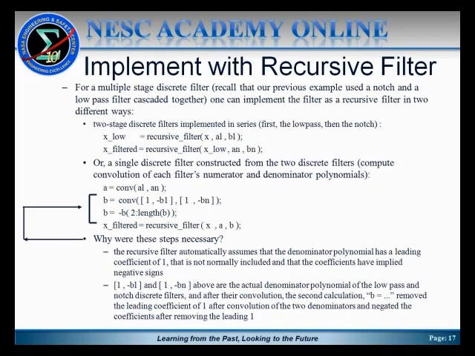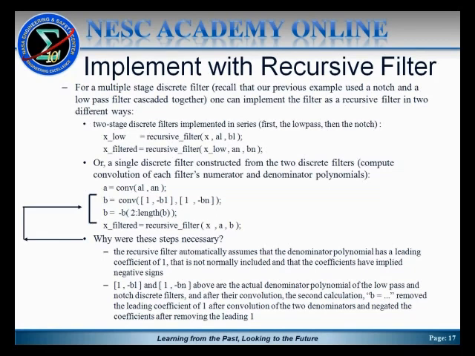The output of that step we'll call x_low. Then the second step is to take that filtered value x_low, which has had the low-pass filter applied, and filter that again, now providing the recursive filter the numerator and denominator polynomials of the notch filter, AN and BN. That second output we'll call x_filtered.